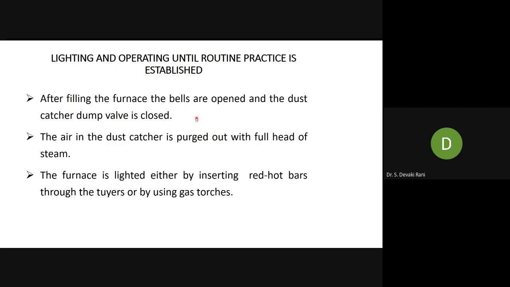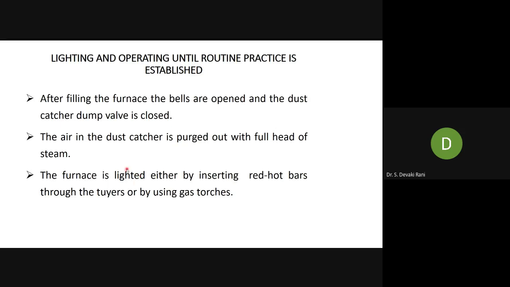The gases will go away into the atmosphere. When you close the dust catcher dump valve, the gas is not allowed into the gas cleaning system. It is let off into the atmosphere in the beginning. The air in the dust catcher is purged out with full head of steam. The furnace is lighted either by inserting red hot iron bars through the tubes or by using gas torches.